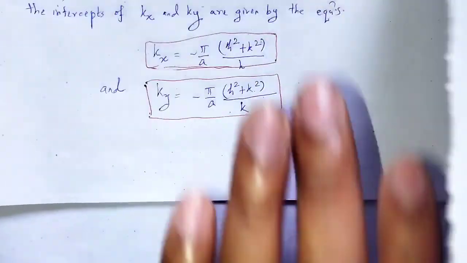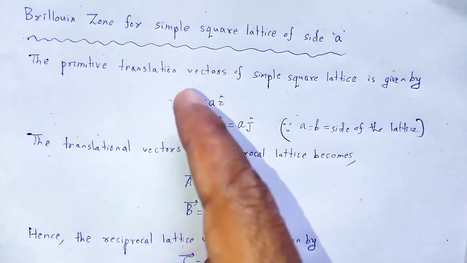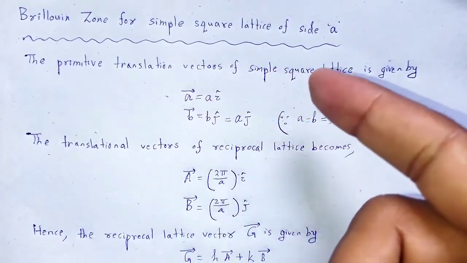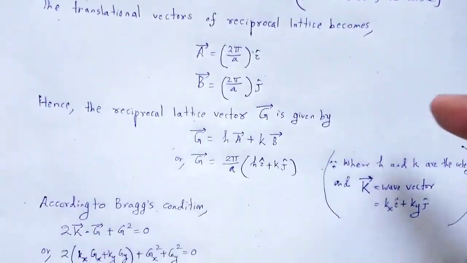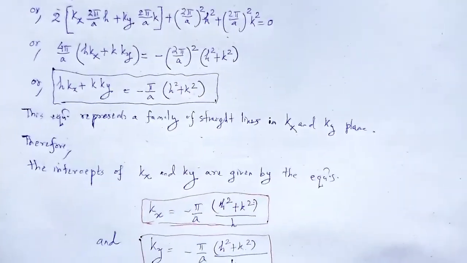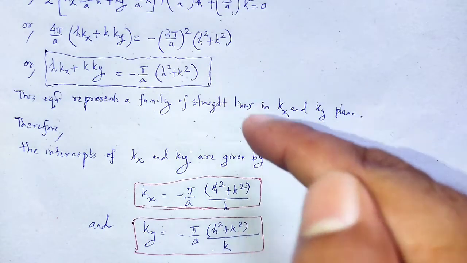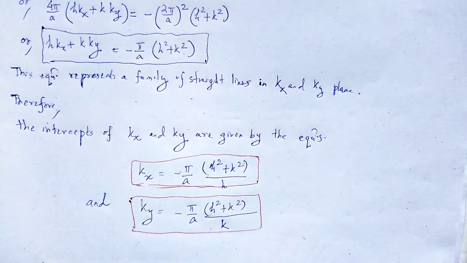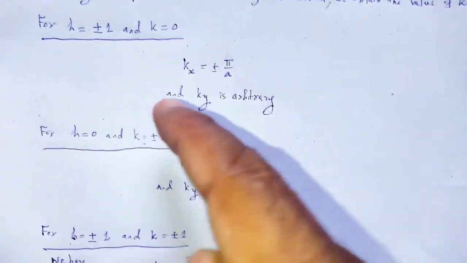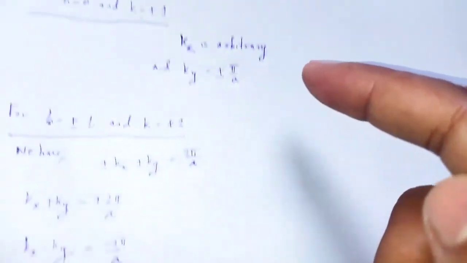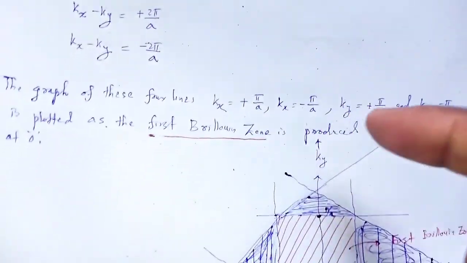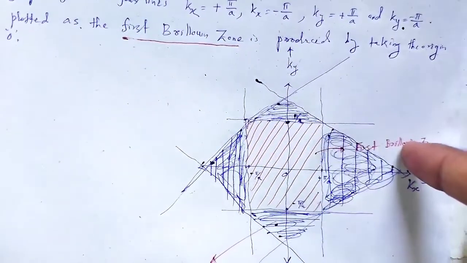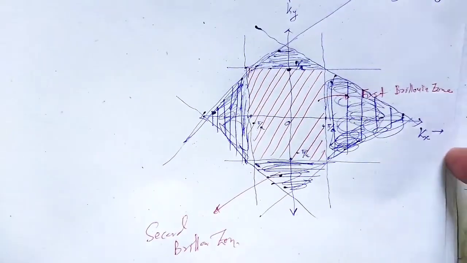This is an example of how we draw or construct the Brillouin zone for a simple square lattice of side A. In mathematical terms, a family of straight lines is obtained in kx and ky, with the intercepts of kx and ky and possible combinations. By taking the combinations, we draw the lines, and then the first and second Brillouin zones are obtained.